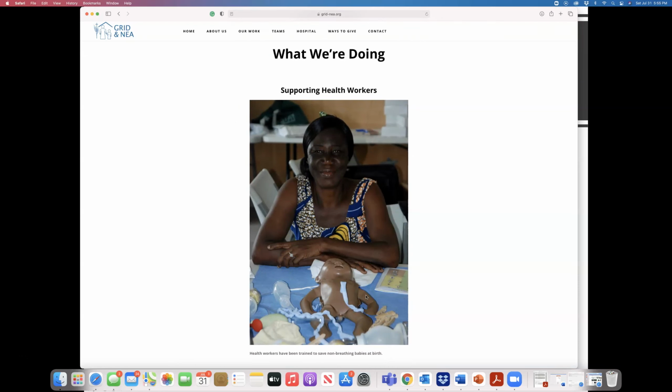We brought all this equipment with us, and we simply taught these community health workers and mothers in these remote villages how to resuscitate a baby, how to nasally aspirate, how to use an ambu bag or the bag valve mask bag to help a baby breathe, because they didn't have these facilities.